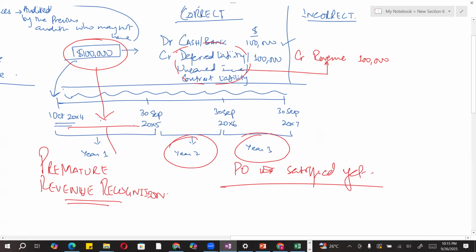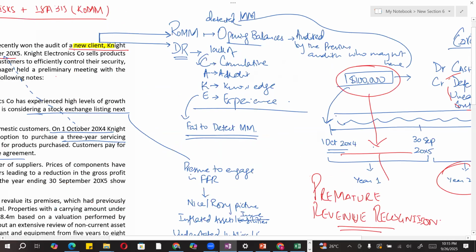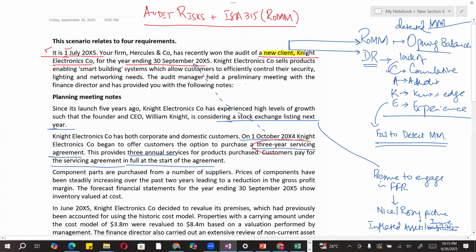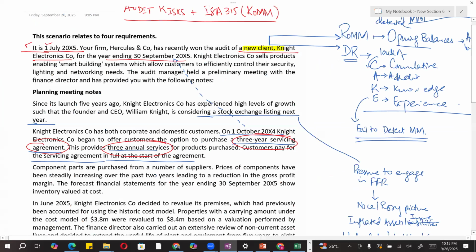Now, when you have to draft your risk, you will first mention that there's a 3 year servicing agreement with annual services in 3 years. Now, what is the risk?